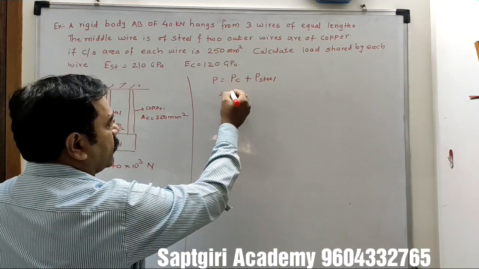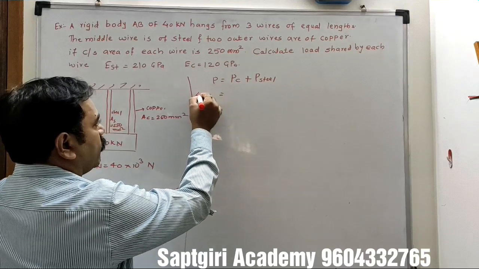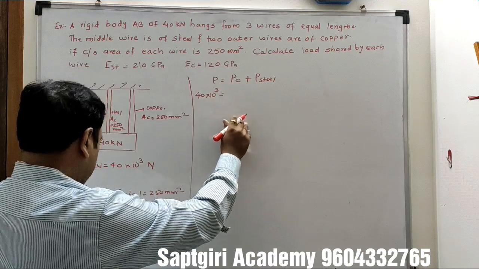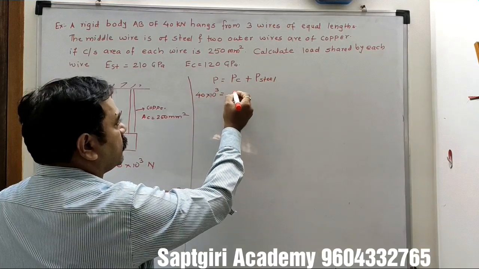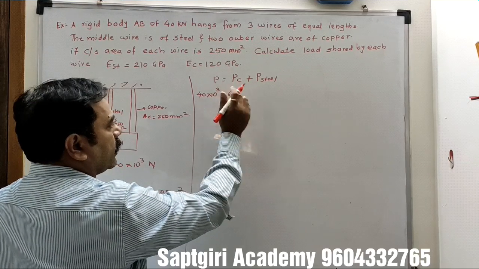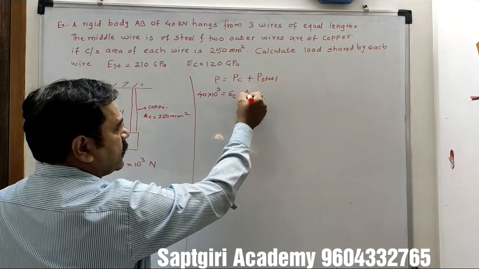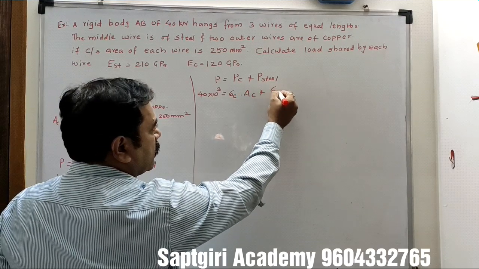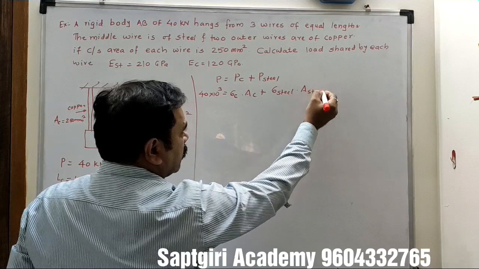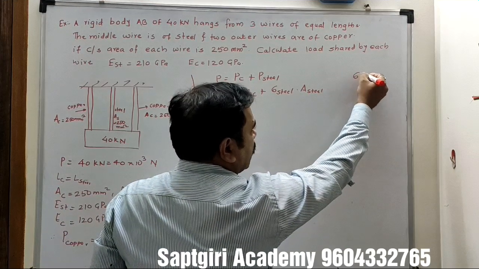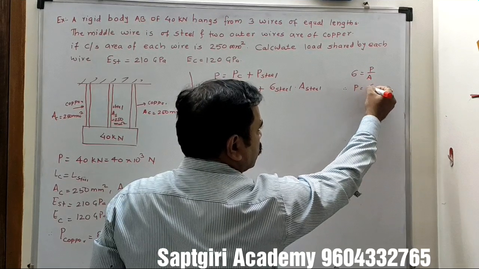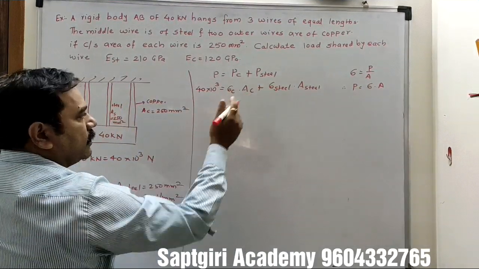So P is 40 into 10 raised to 3 Newton, equal to PC, that is sigma C into AC, plus sigma steel into area of steel. We have sigma equal to P upon A, so P is equal to sigma into A.